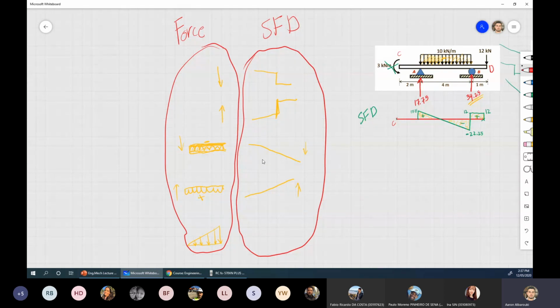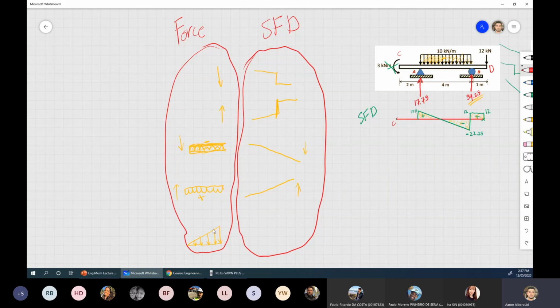Negative gave me downward. A UDL of fixed value gave me a declined line. The integration of a straight line will give you a declined or inclined line, which we can also call a sloped line or diagonal line. Whether it is positive or negative will tell you if it's going down or up, declining or inclining.